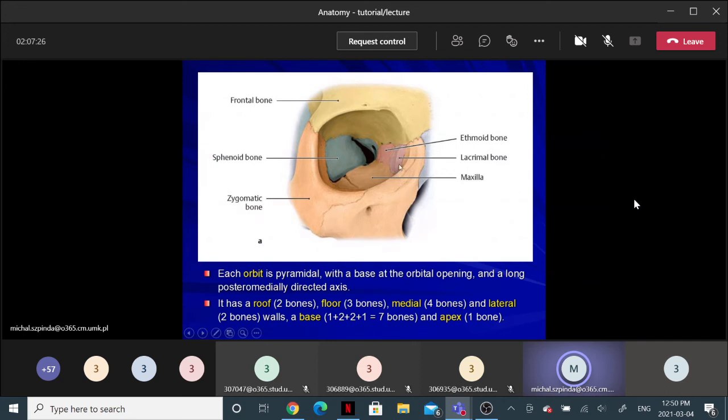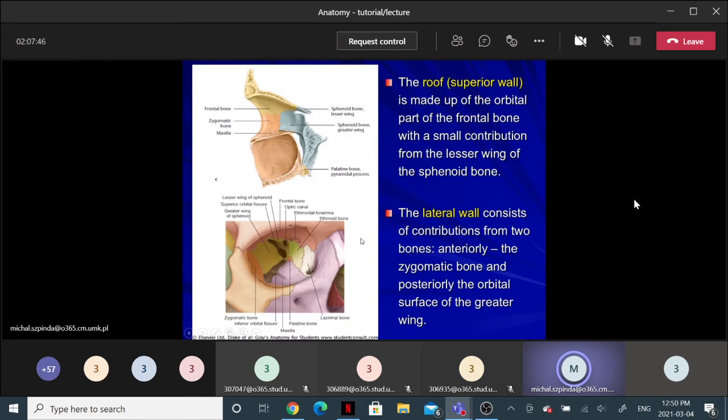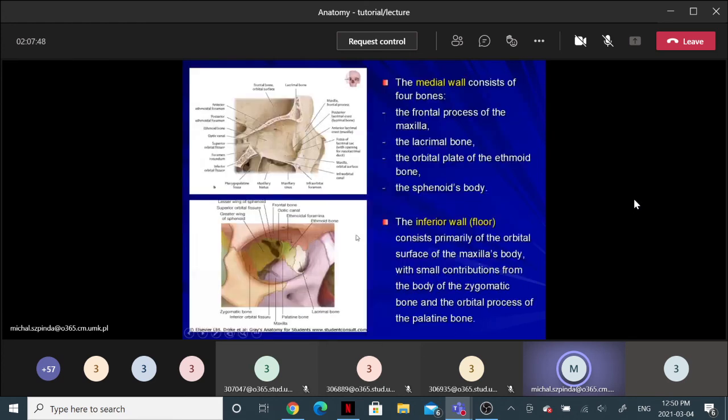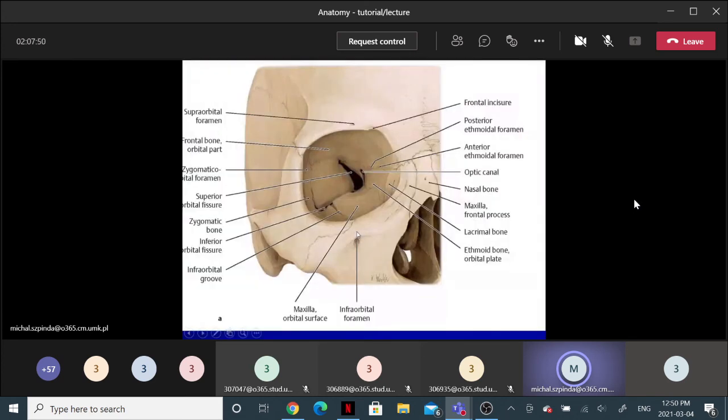And the nasolacrimal canal passes vertically and opens in the nasal cavity, just in its inferior part, that's called inferior nasal meatus. And here is the same.